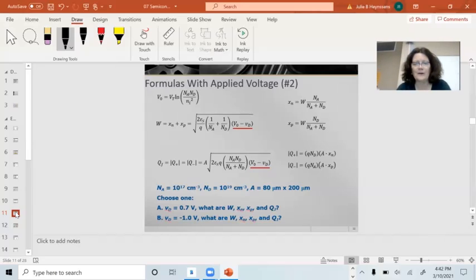Don't worry. I'm not going to do physics again in here. This is pretty much it. If I apply a voltage, this formula stays the same. The depletion width is going to increase in reverse bias. It's going to decrease in forward bias.